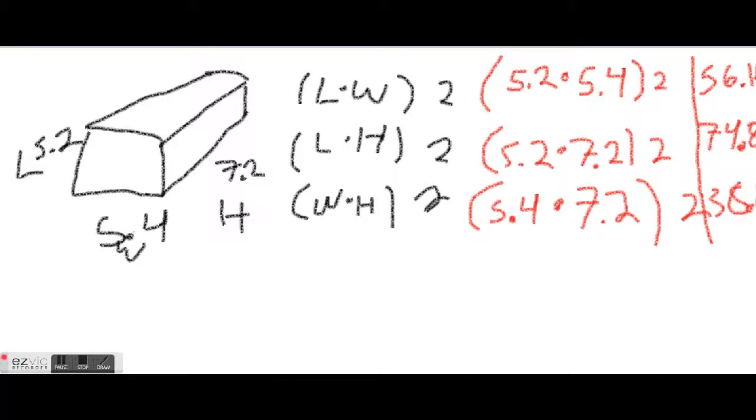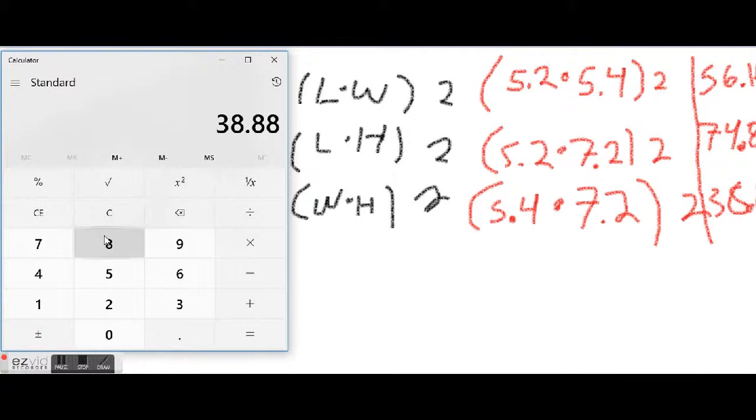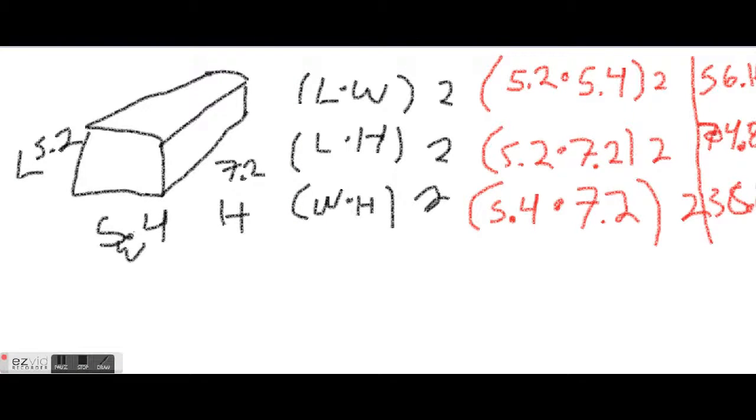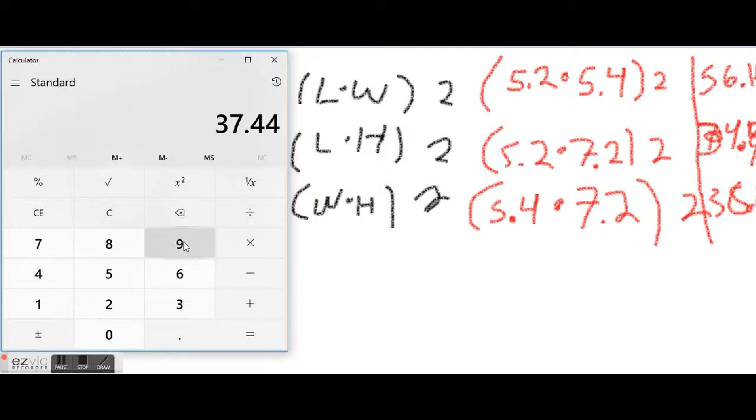Yeah, 37.44. I knew I made a mistake. 37.44. And the first one, I think I made a mistake too. 5.2 times 5.4 is 28. Oh, I'm sorry, Shiva, I'm making a lot of mistakes here. I'm sorry.